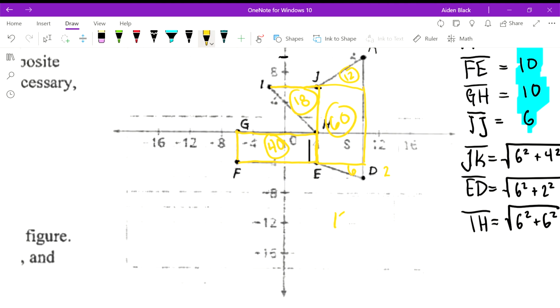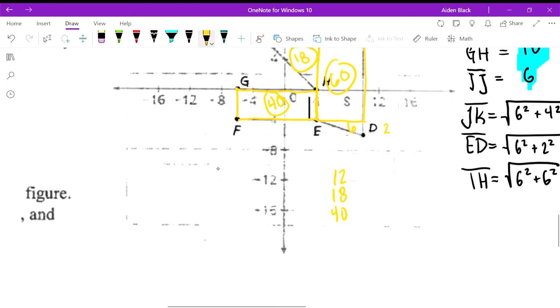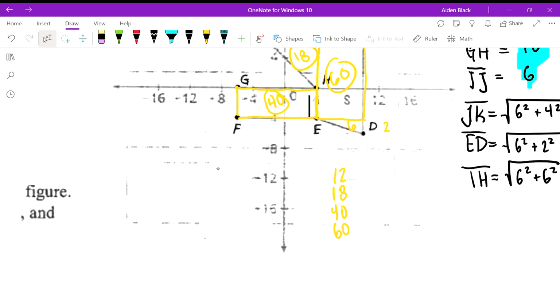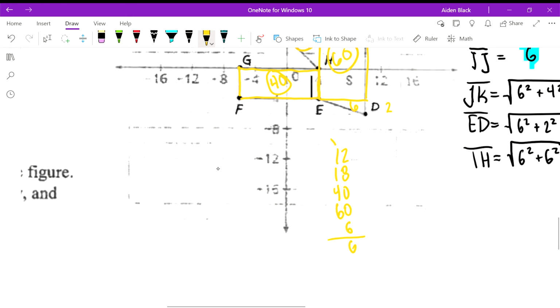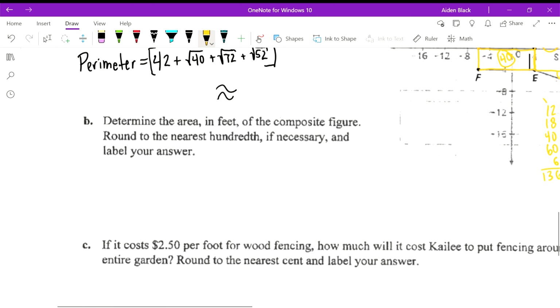So we have 12 plus 18 plus 40 plus 60 plus 6. This is 10. So we get 10 plus 6 is 16. Let's carry that 1. 1, 2, 3, 7. So that's 70 plus 60. It's 130, right? So 136. 136 feet squared.